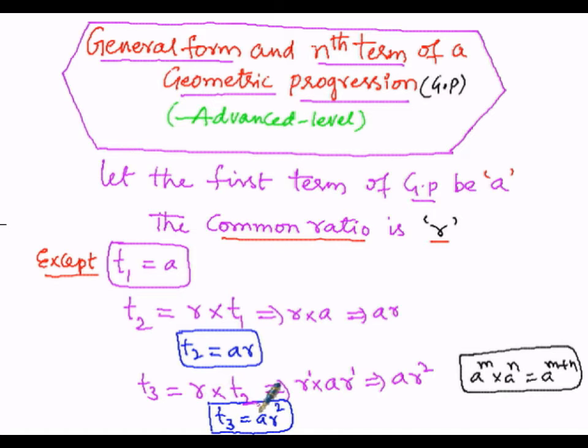Then, in order to obtain the next term, that is the fourth term, it can be obtained by multiplying the same constant, that is the common ratio r, with its preceding term. The preceding term of T4 is T3.